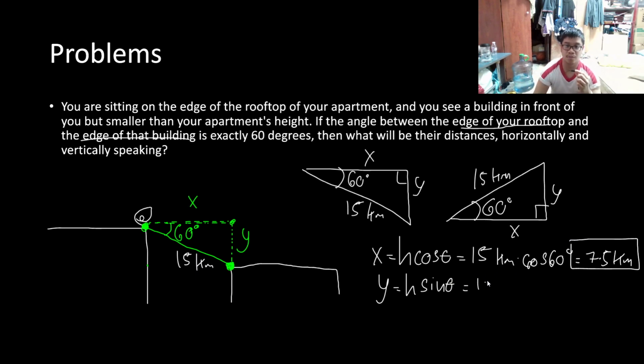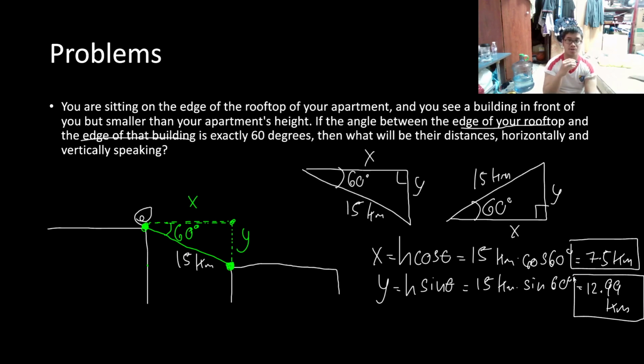Now, for the y, you multiply the hypotenuse by sine 60 degrees. So 15 times sine of 60 degrees will give you approximately, to two decimal places, 12.99 kilometers. And that's the answer. That's how you find your horizontal distance and your vertical distance. All right, so we're good to go.